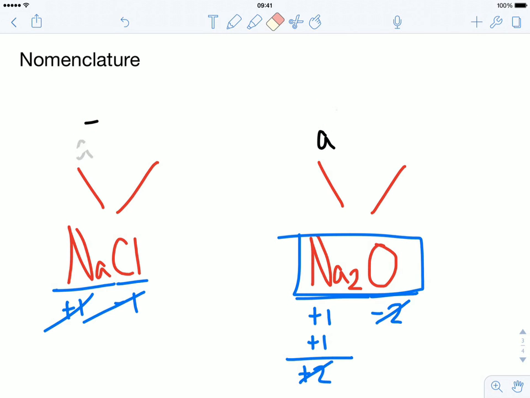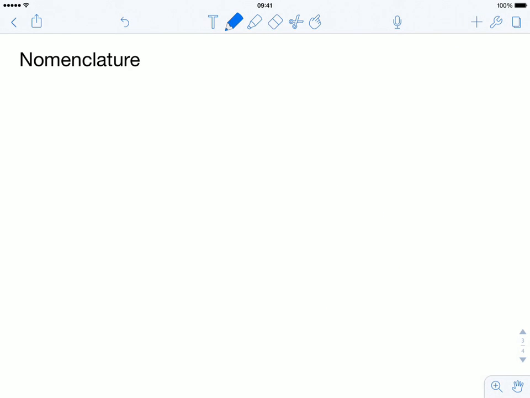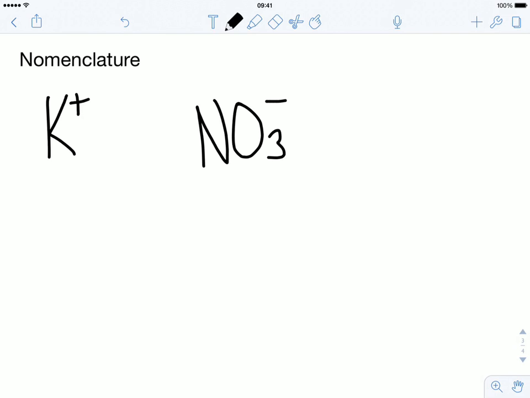Okay, let's try another example. Let's try one with a polyatomic ion. So if we had potassium, which is a +1 ion, and the polyatomic ion nitrate, which if you remember is NO3 with a -1 charge. So here again the charges are +1 to -1.